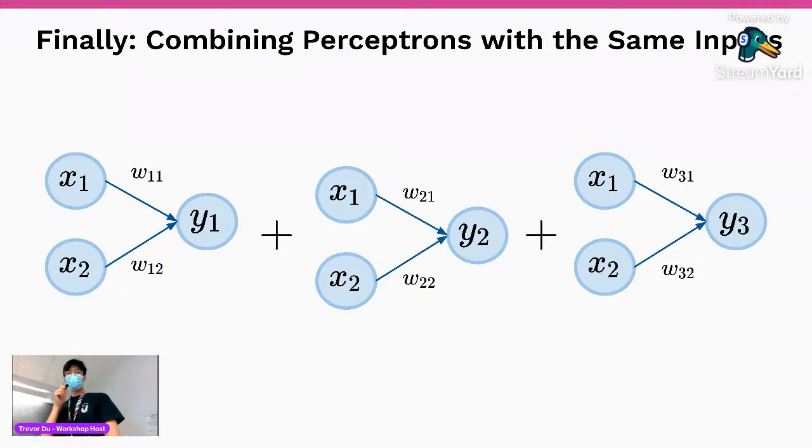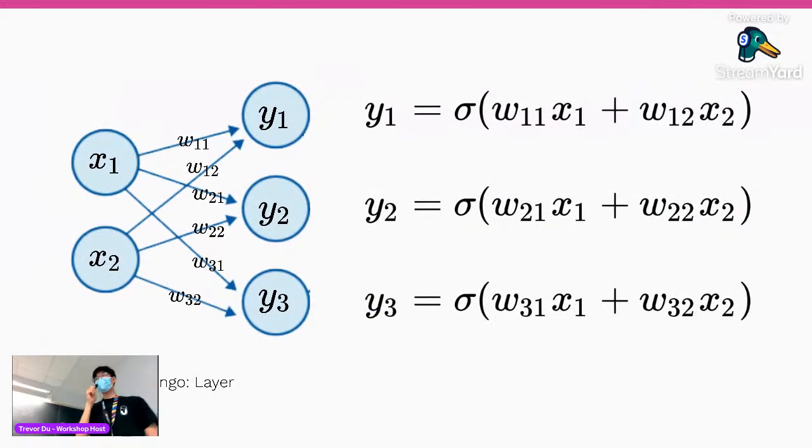Well, we can combine them into this. They're starting to look more like our multi-layer perceptron that we saw at the beginning. And as you can see, each of these perceptron outputs, or the nodes in the output layer, have their own equation.